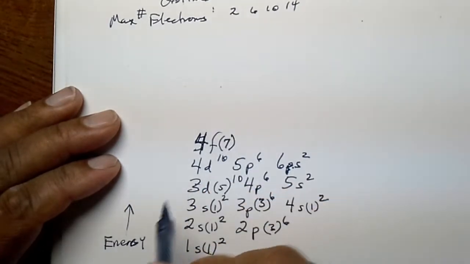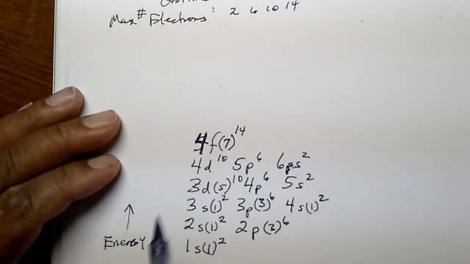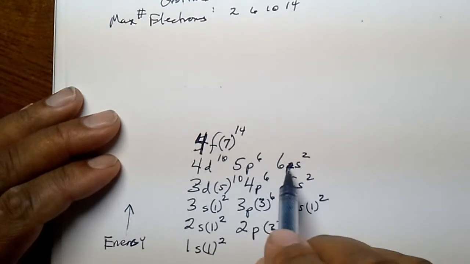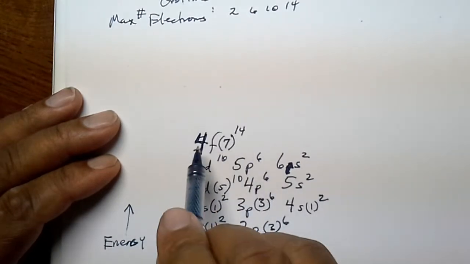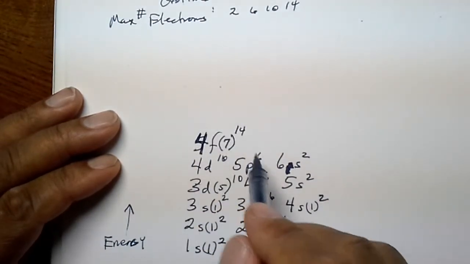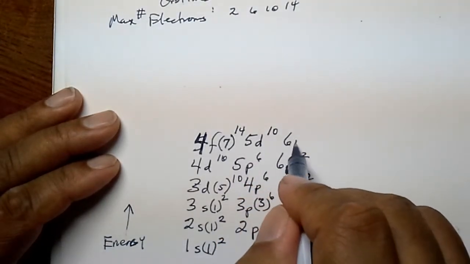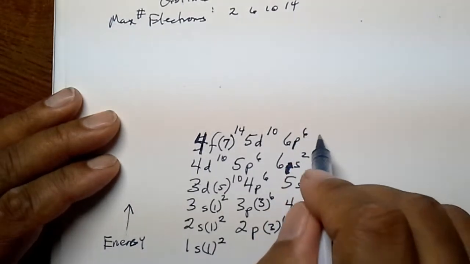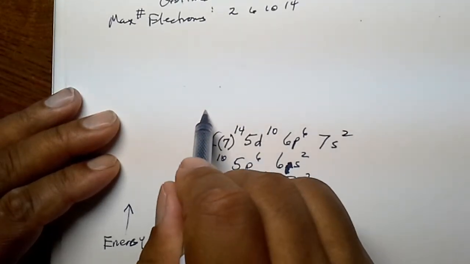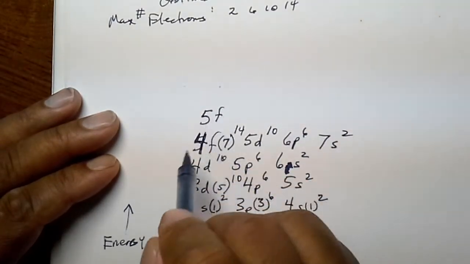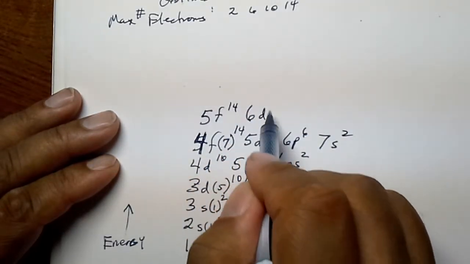We have 7 orbitals, 14 electrons. So 4f is after 6s. Okay, so yeah, scratched out p. 6s, 4f is next. Then we go to 5d with 10. 6p now with 6. And 7s with 2. So 7s is lower than 5f, 14, which is lower than the 6d with 10.